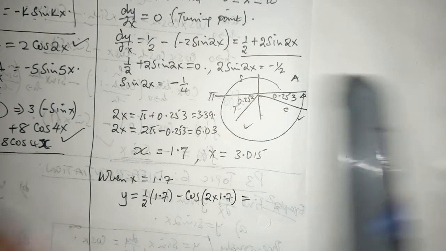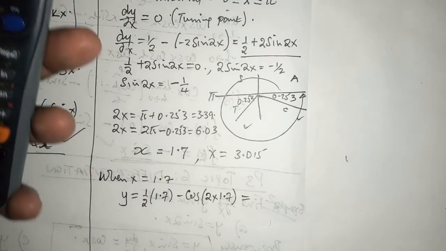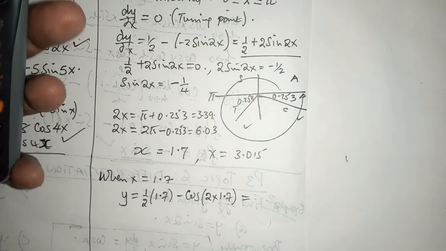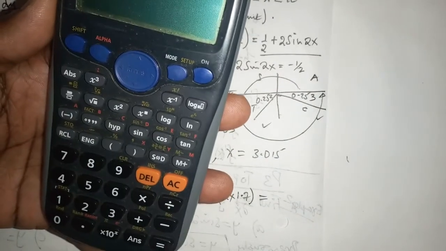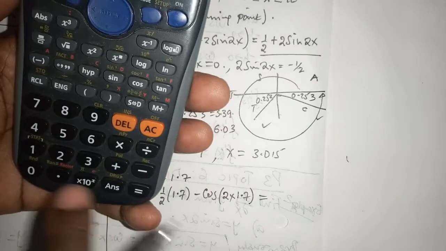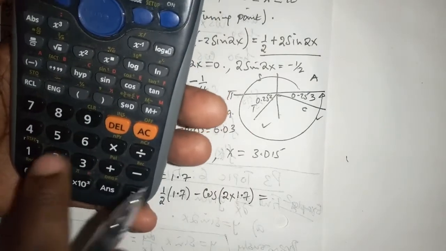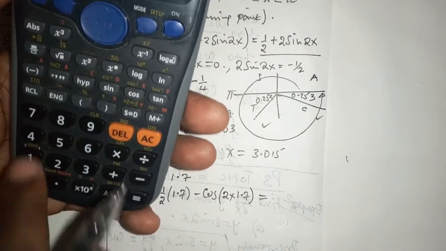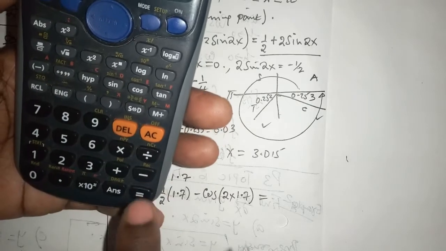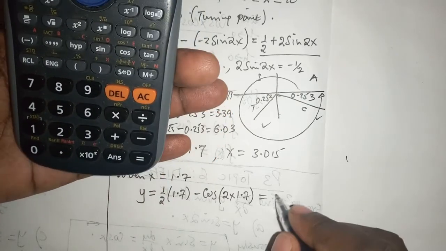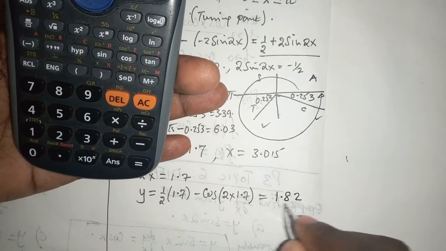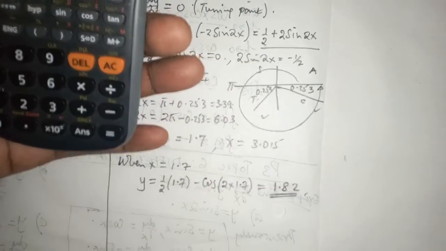That can easily be calculated: 0.5 times 1.7 minus the cosine of, in brackets, 2 times 1.7. You will realize that this is 1.82. That is the value of y.